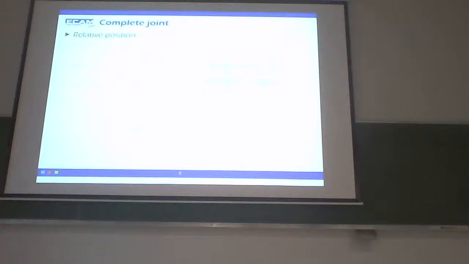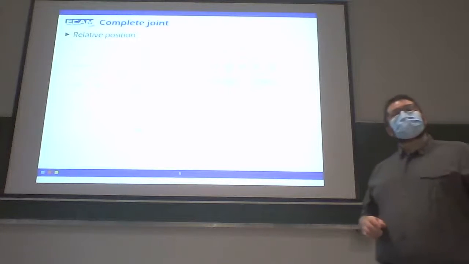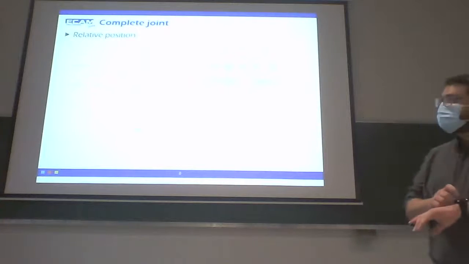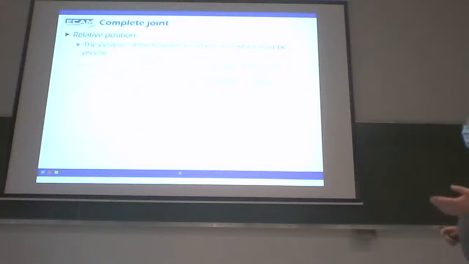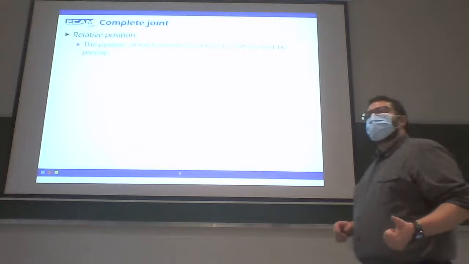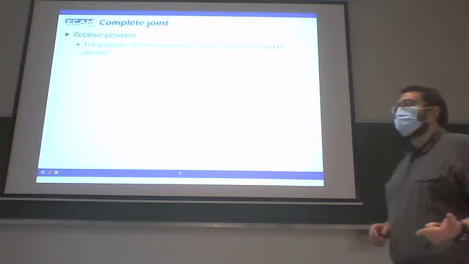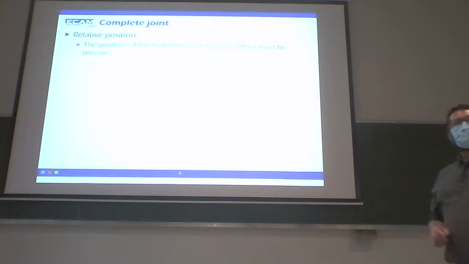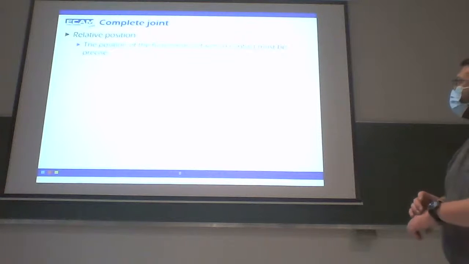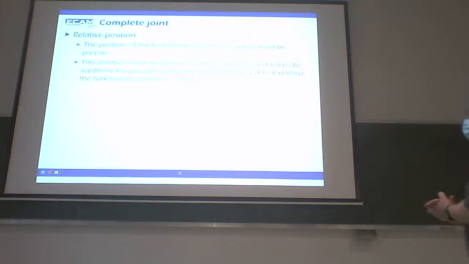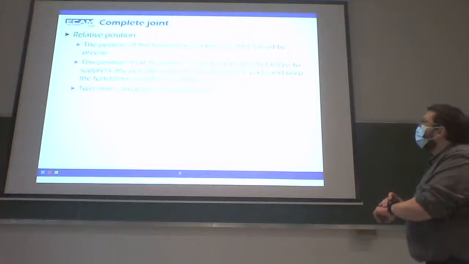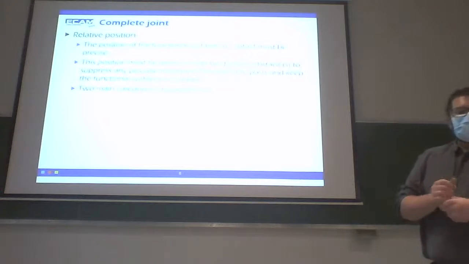For the first step, relative position, I have two technological functions. For this, we need precise surfaces, precise contact. You remember, in kinematic analysis, we consider that the contacts and surfaces are perfect. Two main categories of solution.